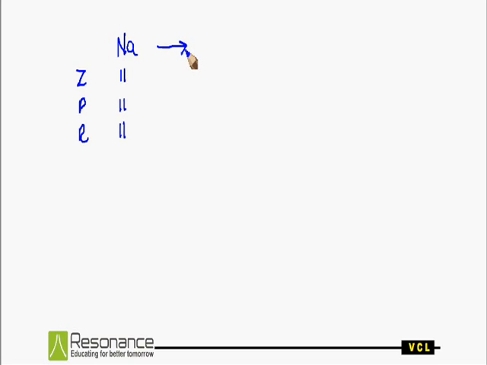When we want to make a cation with sodium, we will release one electron from the sodium atom, so now we will calculate the charge of the sodium ion.